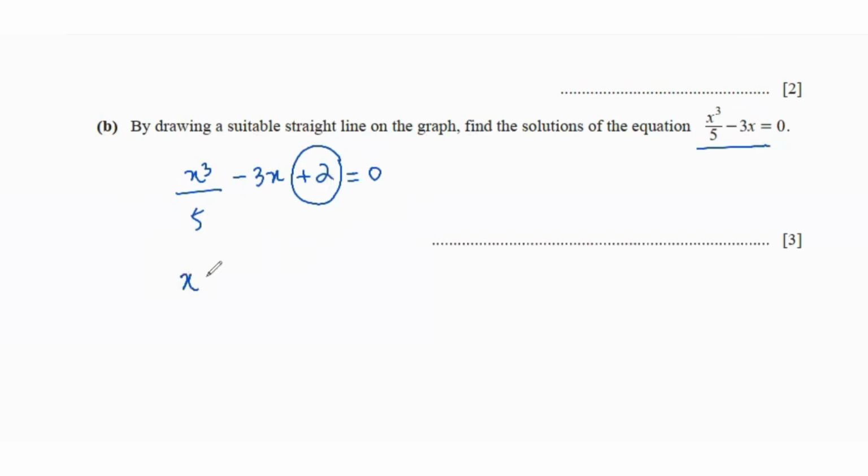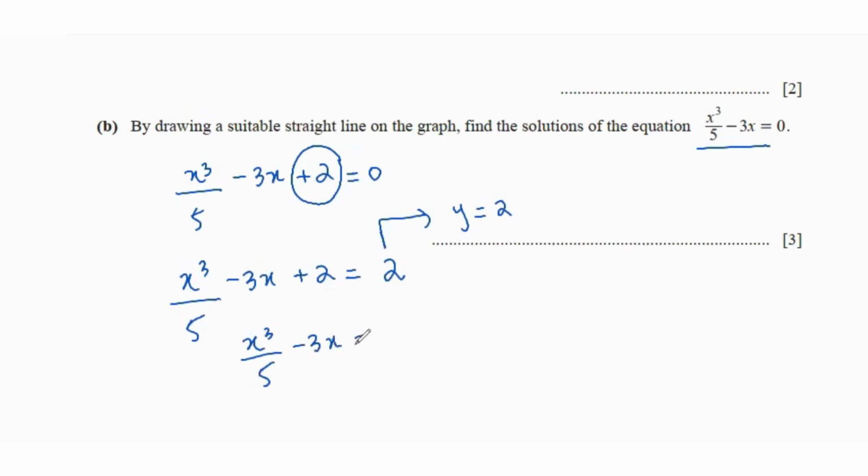That means your equation has been put equal to y equals 2. Because if we put it equal to y equals 2, that's going to give us x cubed over 5 minus 3x equals 0. So we draw a line of y equals 2. That is the line that we will draw.